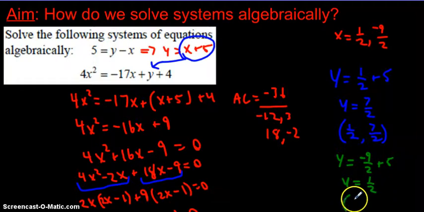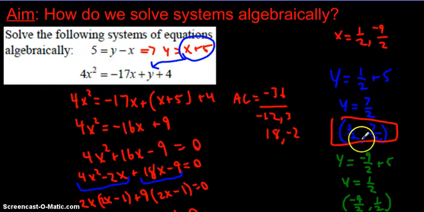So the other solution is negative 9/2, 1/2. So those are the two solutions to this system of equations. Because we have two values for x, we have to check for both values of y. So there's one, and there's the other.